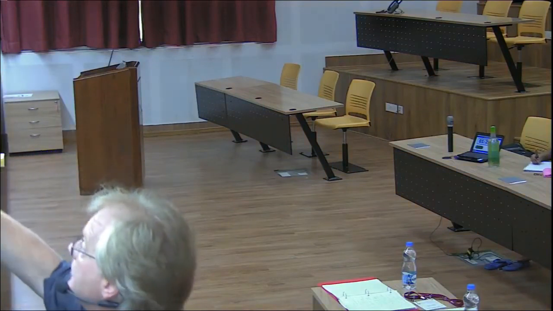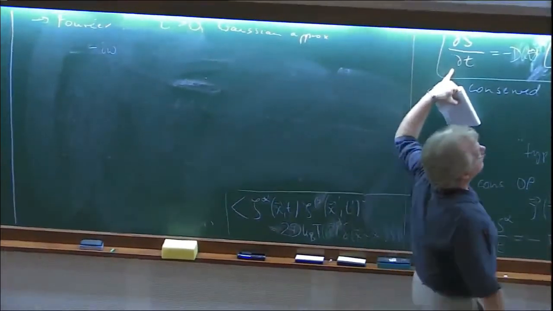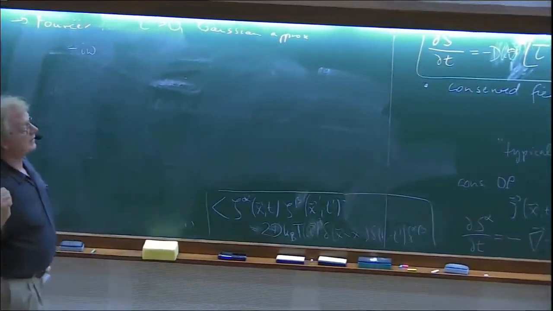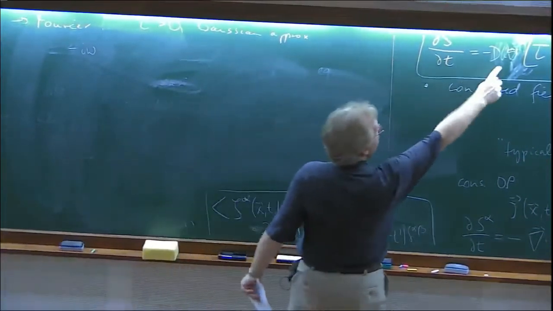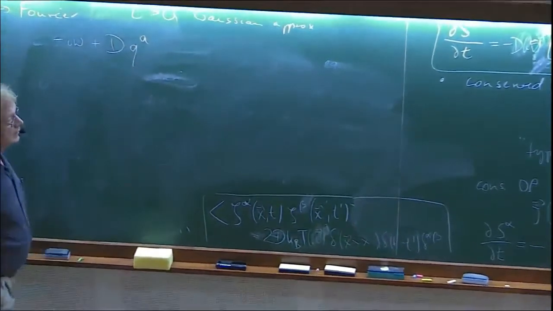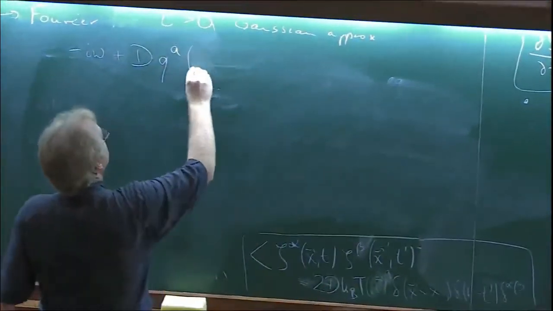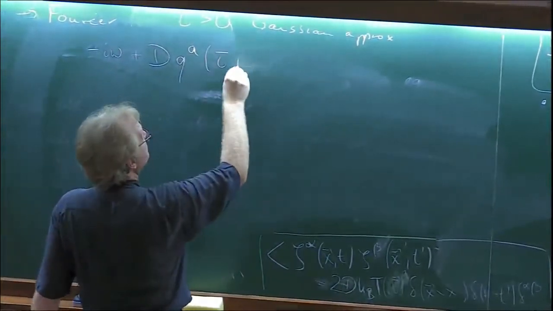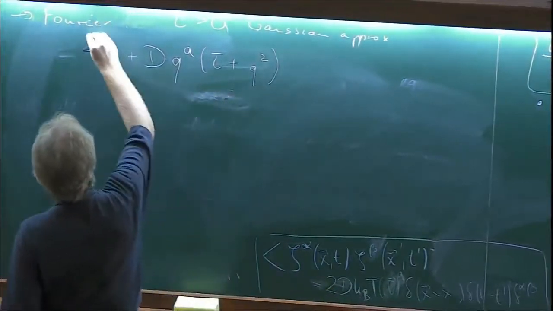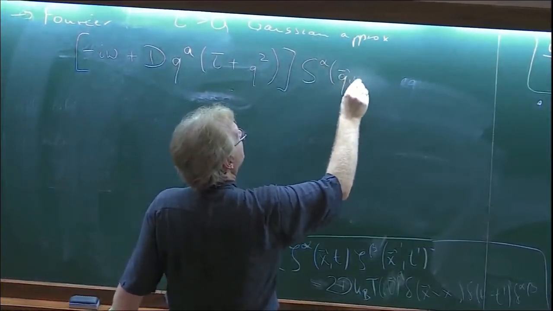The time derivative is going to become a minus i omega. Then I'm going to take everything that comes from this bracket, write it in Fourier space, throw it on the right-hand side. So this thing here is just going to be a D q to the a. Right? Because the i nabla is just giving me a q. And then this is going to be multiplied by tau minus Laplacian squared, so that's tau plus q squared. And I've thrown away the nonlinear term. So all this gets just multiplied with the Fourier component of my order parameter.